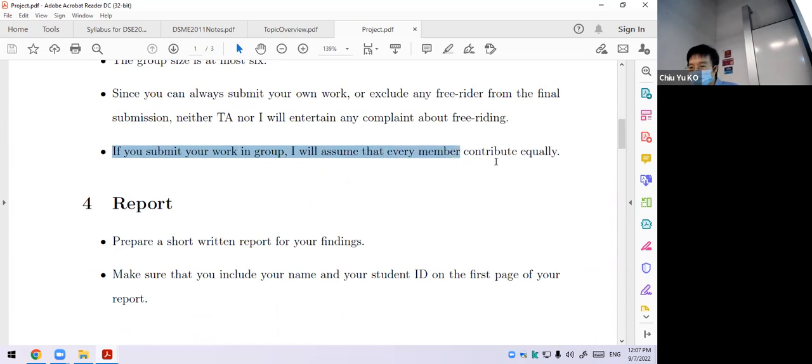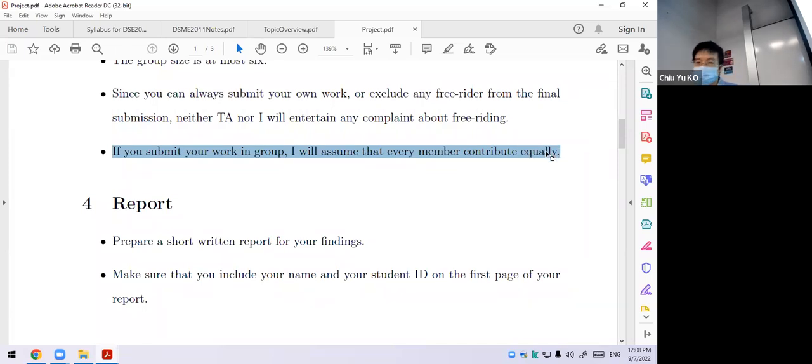If you submit as a group, I assume everyone contributes equally, unless everyone agrees one person is not doing the job, including that person. Otherwise I would assume equal contribution. You have to handle any friction within your team.